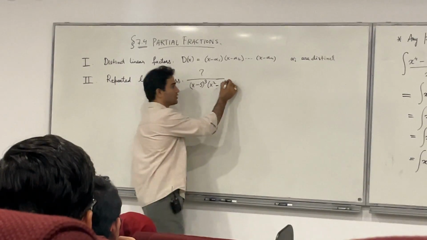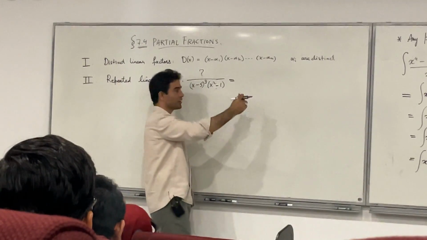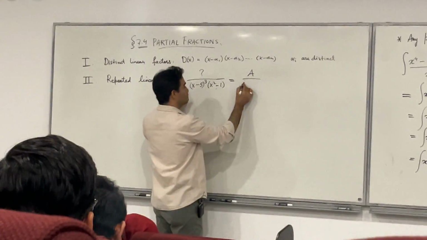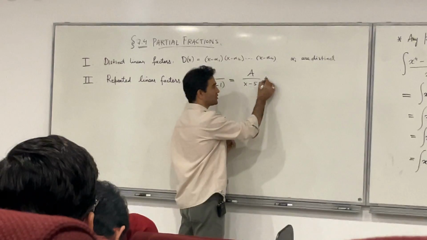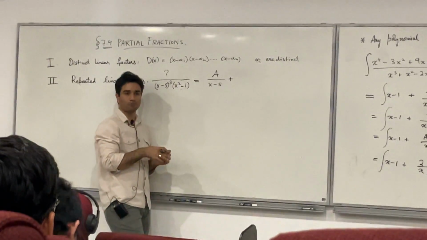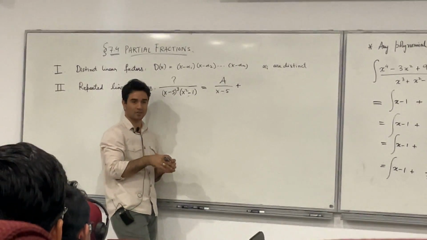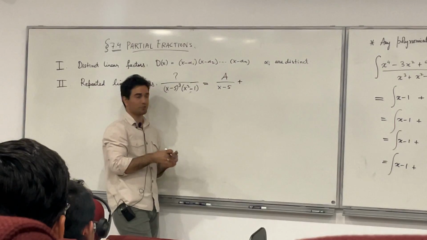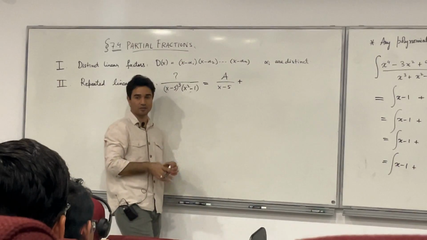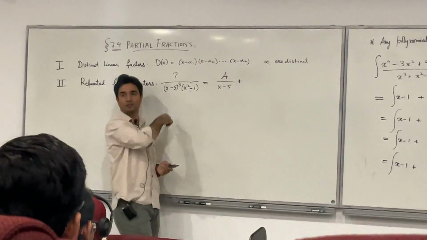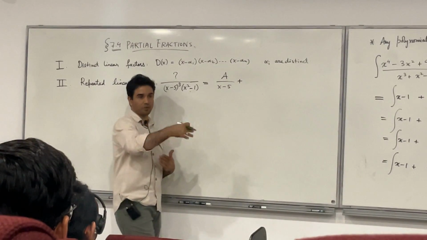In this case, the proper way to decompose this as a partial fraction is to have a constant over x minus 5, and then, does anyone know? No, but that's 3 things of x minus 5, so if you add them, it'll just be a plus b plus c over x minus 5. That's just a constant over x minus 5. You can never get the cube. So you go up to that power, 1 by 1.